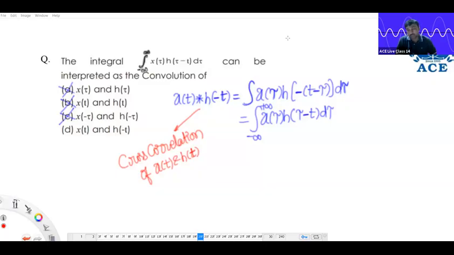Combinedly, it is like comparison of signals. Okay, these are some examples related to the continuous form of convolution. Let us shift to discrete. Take a few examples on discrete.